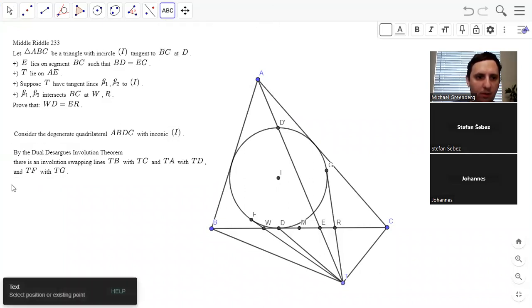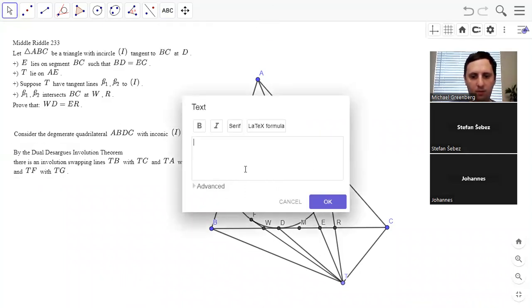Projecting this involution onto BC, there is an involution swapping TB and TC.